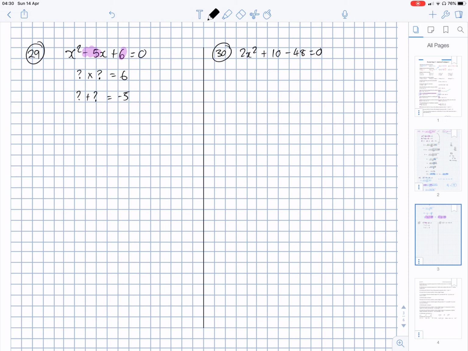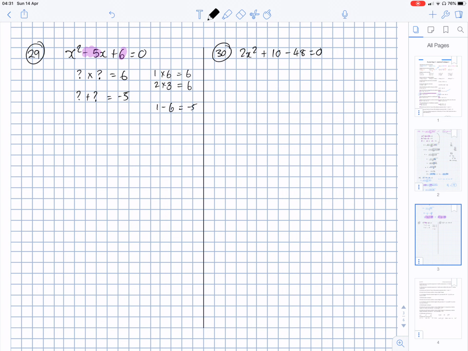If you look at what numbers you multiply to give you 6, you're looking at the factors of 6. 1 times 6 will give you 6, and 2 times 3 will give you 6. But they must also add.